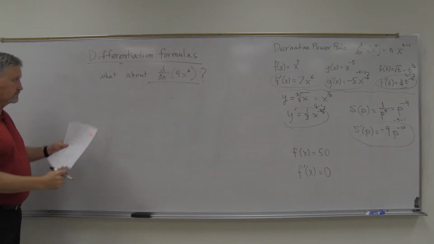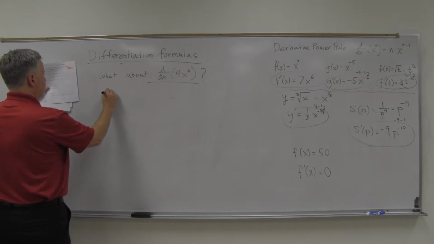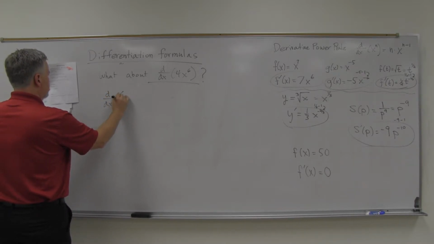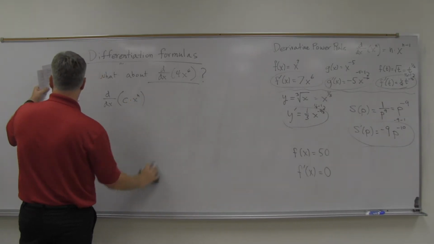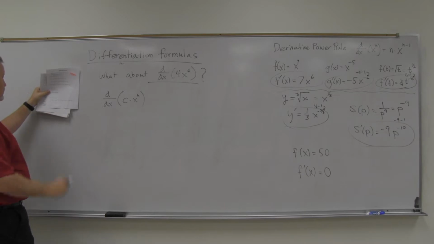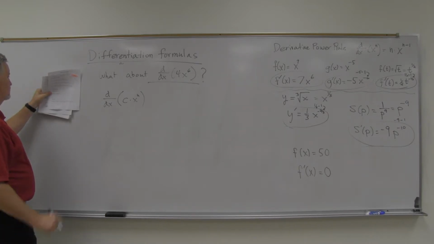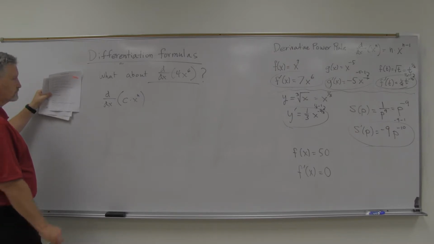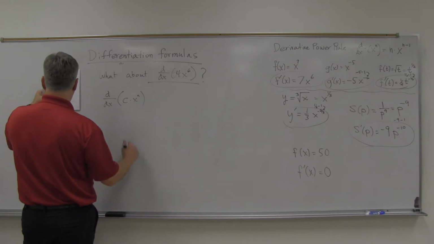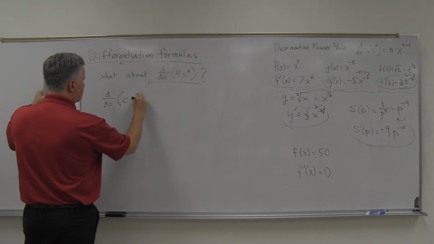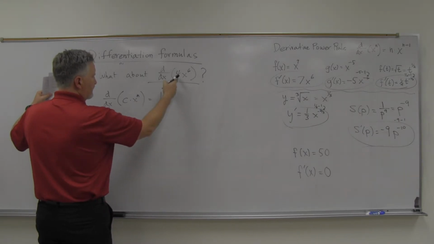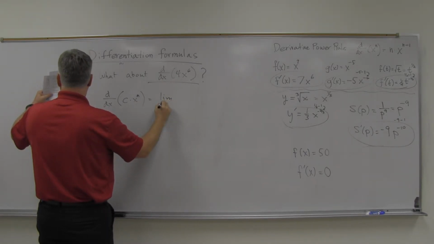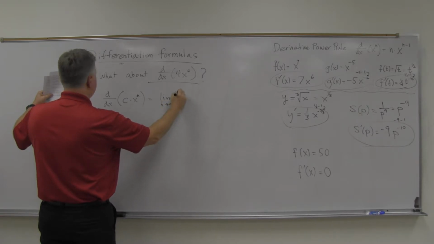Well, let's think about what happens here. Let me write it up. So I've got d/dx of c times x to the nth.